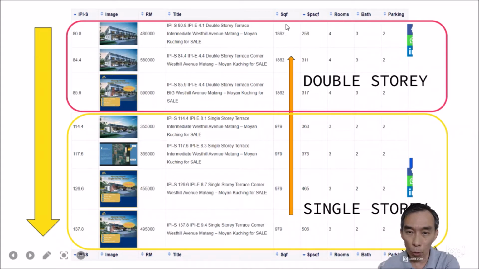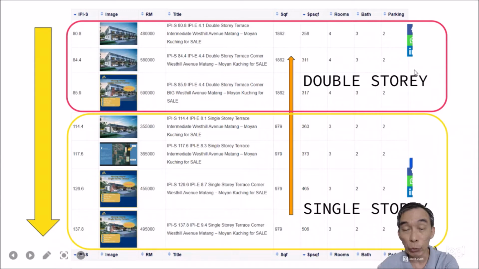The build area, the space given by the build of the house, is 1862, whereas the single story is 979. So if you use the pricing that you pay divided by the build, the bigger the house you have, the more benefit you get by having a shelter.